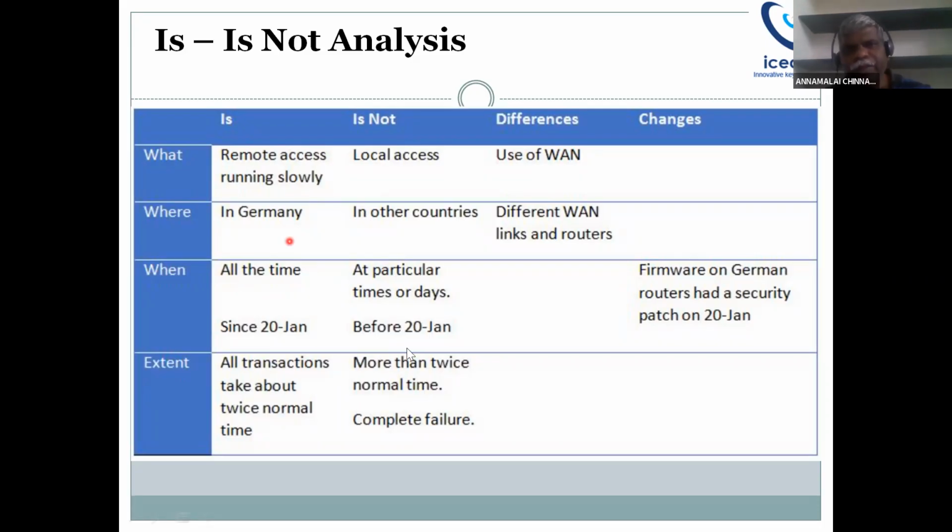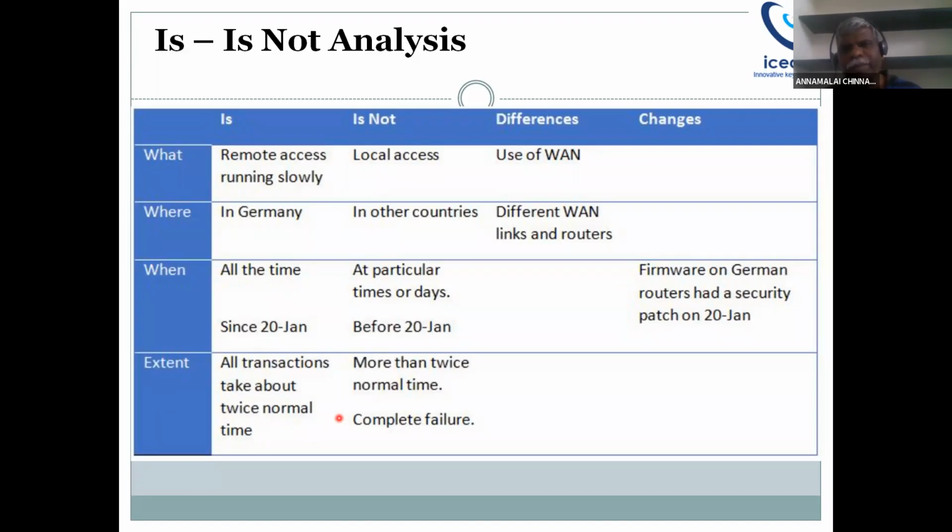So by addressing these questions, you are able to clearly pinpoint what exactly the problem is. You find that the problem only happens whenever the system is accessed remotely, and that too only from Germany, not from other countries. This problem is happening all the time, not during a particular time or particular days.